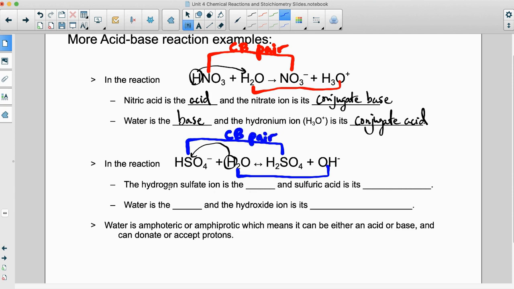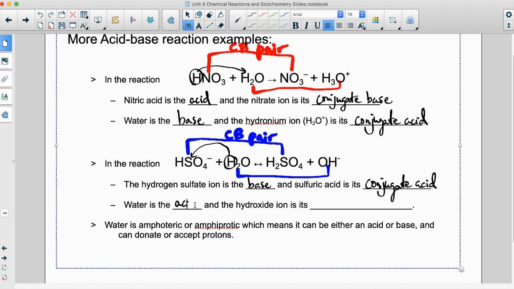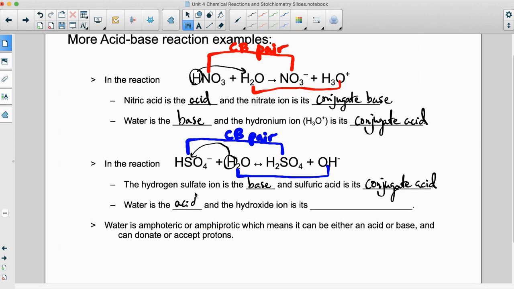So here the hydrogen sulfate ion is accepting a proton from water. So it is the base, and sulfuric acid is its conjugate acid. Water is donating the proton, so water is the acid. And the hydroxide ion is its conjugate base.